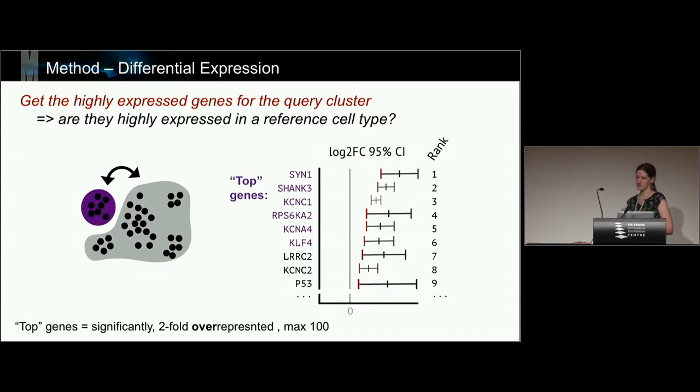The idea is a really intuitive approach: if we see a group of genes that are particularly highly expressed in our query in this purple cluster, and we see that same or similar group of genes highly expressed in the neuron cluster of our reference data set, we say, okay, well, maybe that's a match. And that's basically the approach here.